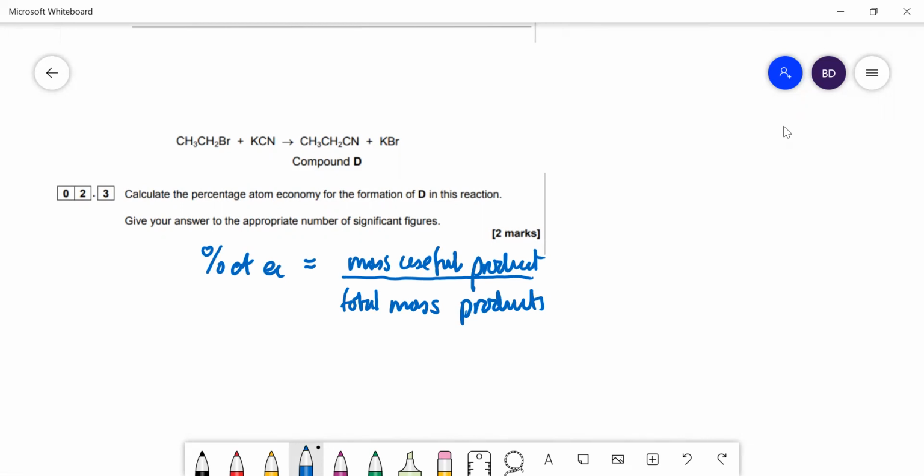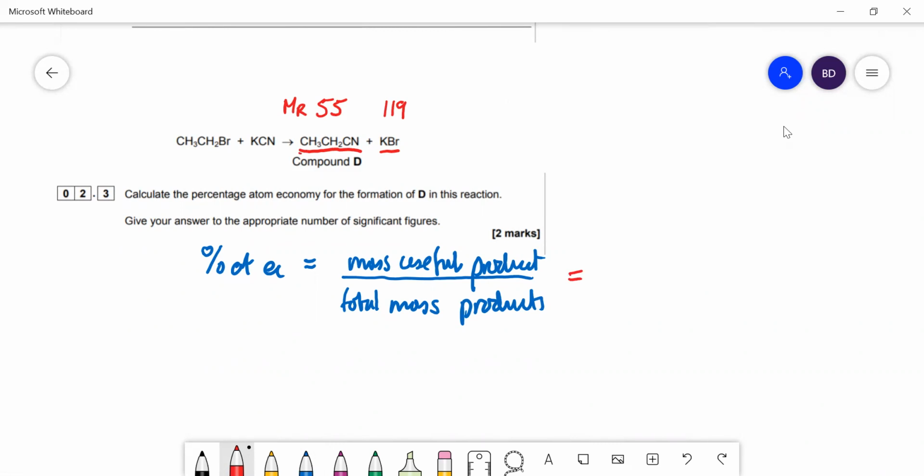Well, what are we making there? Every time we make 1 mole of the nitrile, we also make 1 mole of potassium bromide. The Mr of these things are, for the nitrile, 55, and for the potassium bromide, 119. So how much does 1 mole of nitrile weigh?